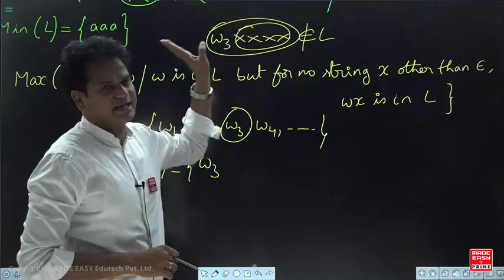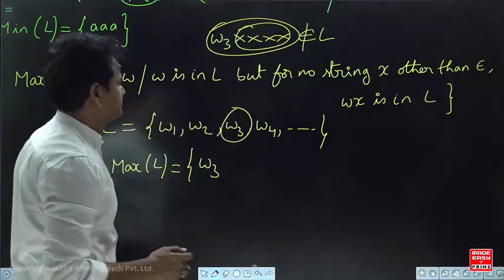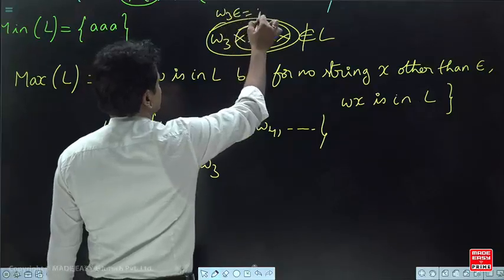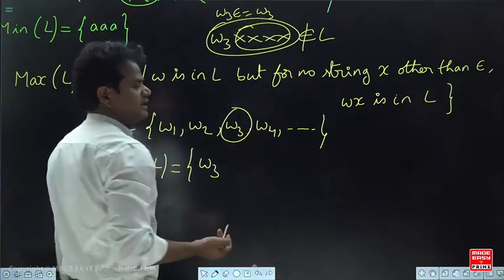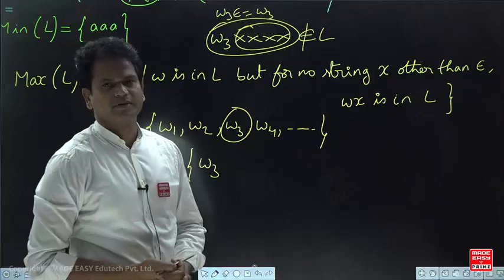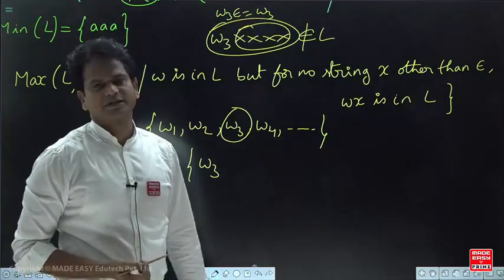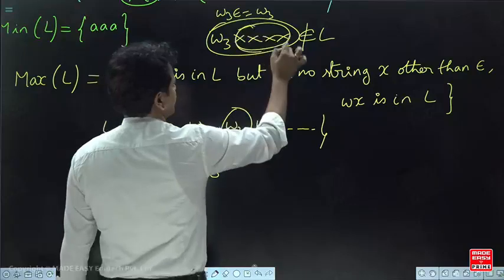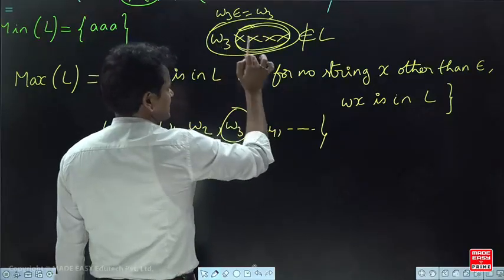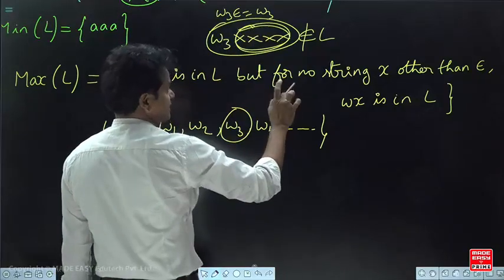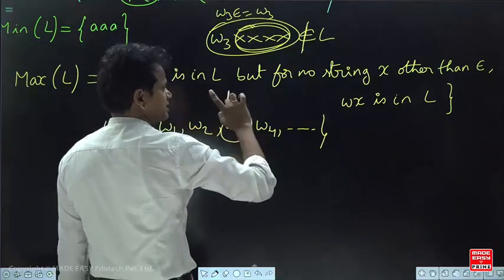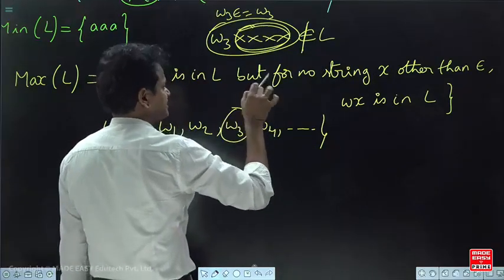So other than epsilon: for example, if I attach epsilon to W3, what is W3 epsilon? W3 only, na? W3 anyway will be there, like a proper substring, W3 we don't take. So similarly, W3 followed by X, whatever X you take, that should not be in the language. X can be anything other than epsilon.